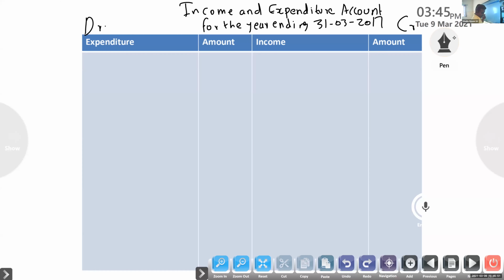So first one, you look at salaries. Any adjustment related to salary in additional information? No. So same amount, 24,000. Next, traveling expenses. No adjustment, so same amount.